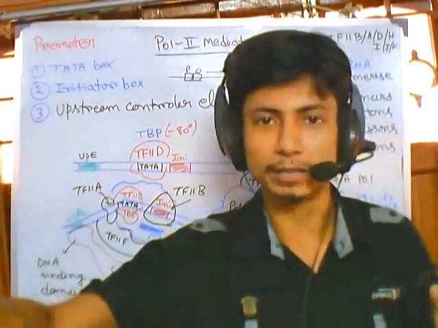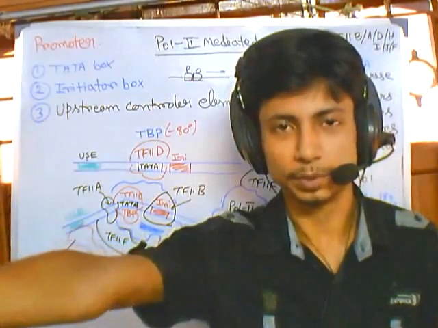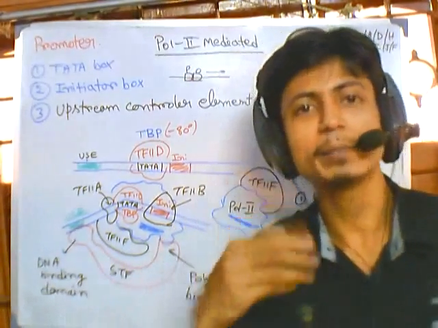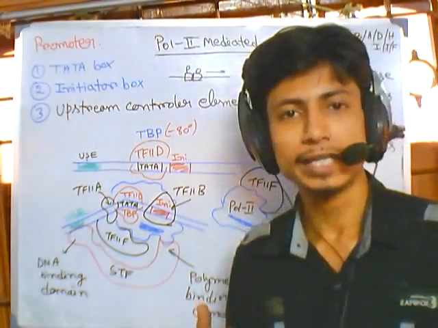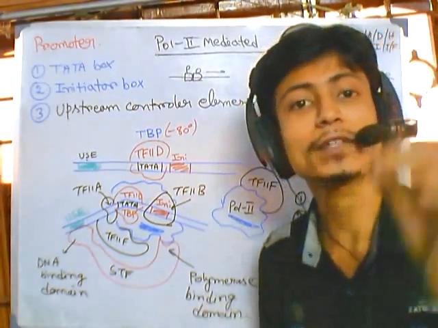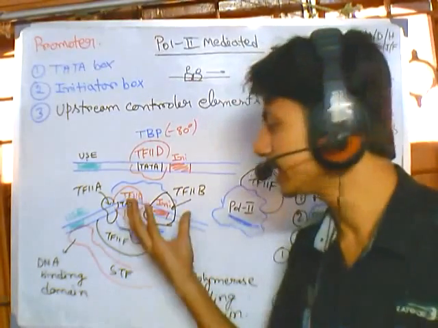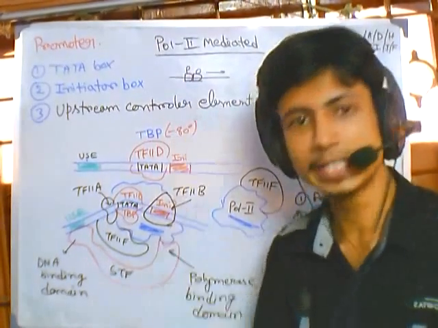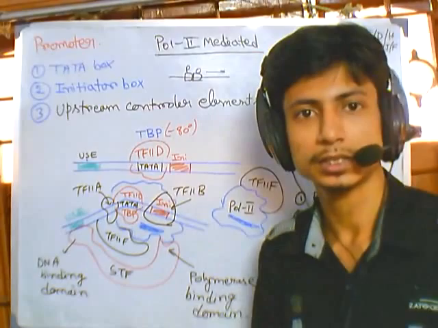This is a long arm, a long region of protein. That region can be modified, right? So a simple modification of that arm, like phosphorylation, will tell this polymerase that it's a perfect time to initiate the process.